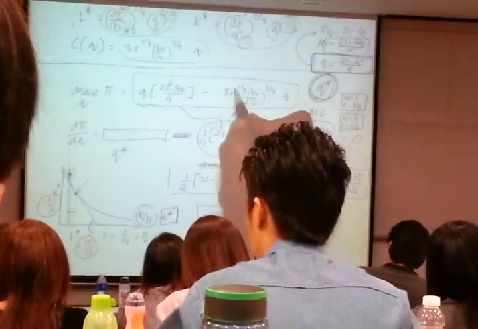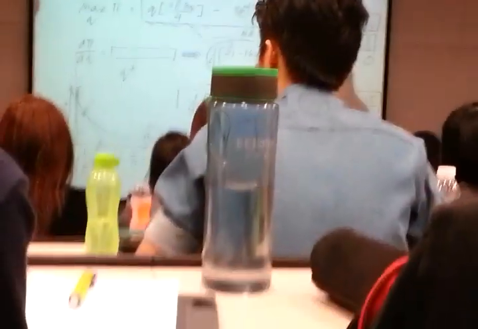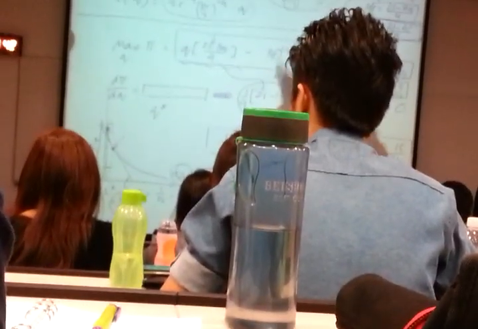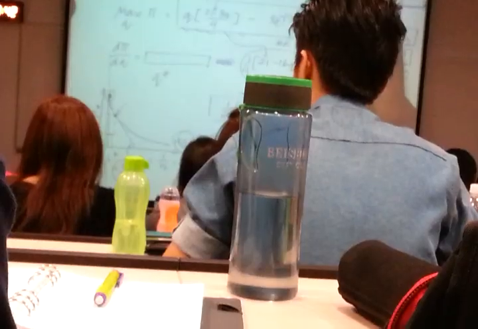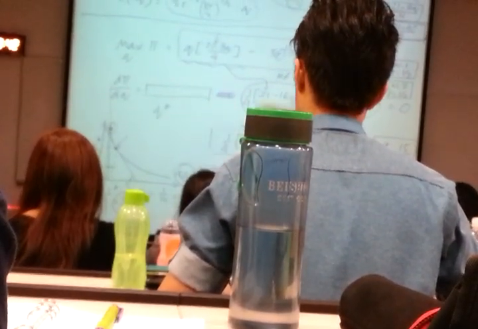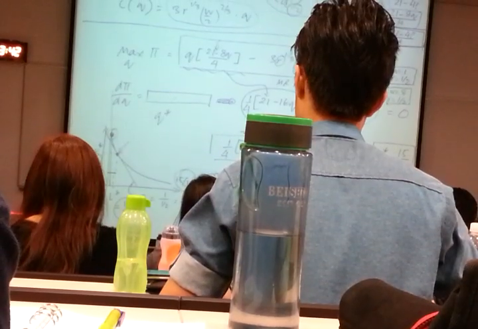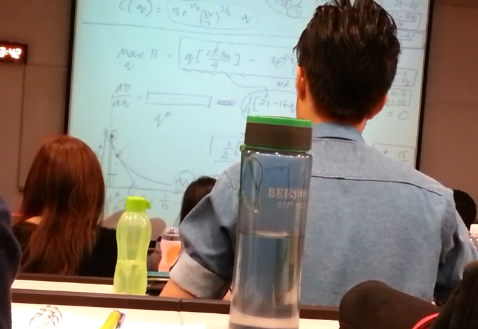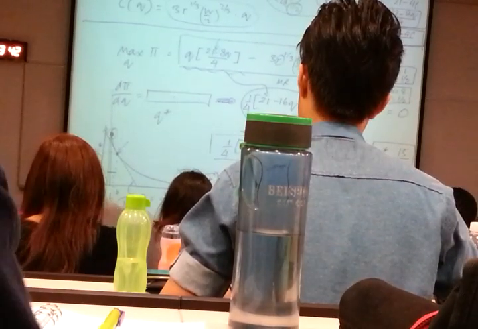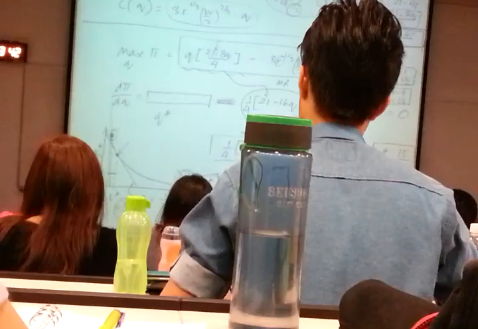In that profit function, R was half and W was 1. My new profit function, R is half but W is 8. Will I get 15 over 16 still if I do the maximization? The answer is no. After wages have changed, I still want to produce 15 over 16, but this is no longer the profit maximizing output level.